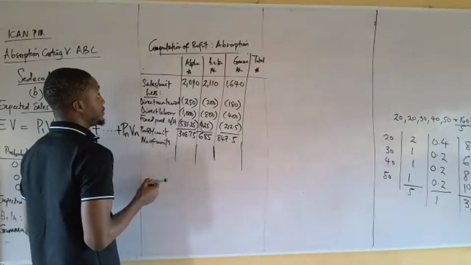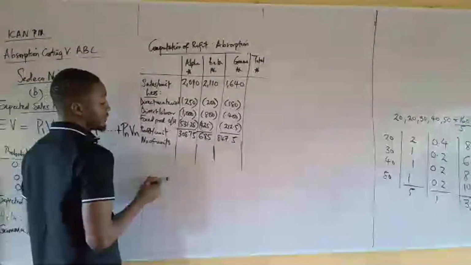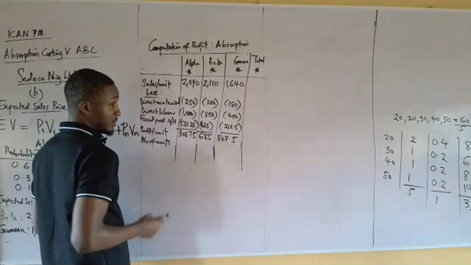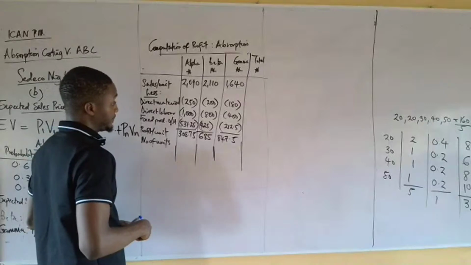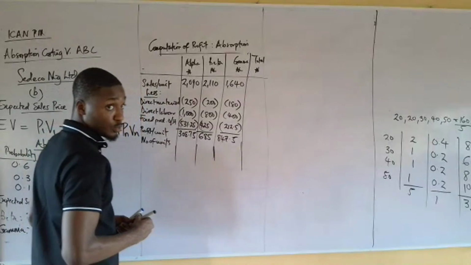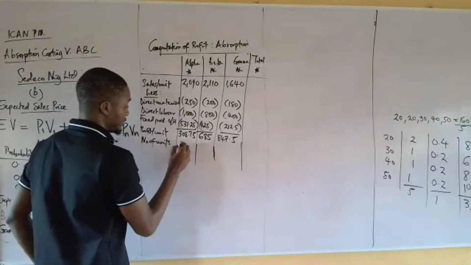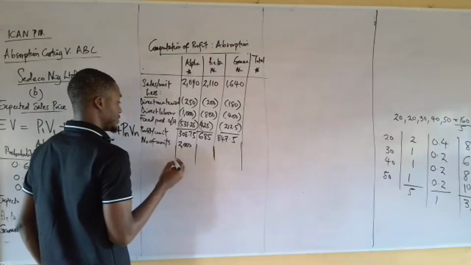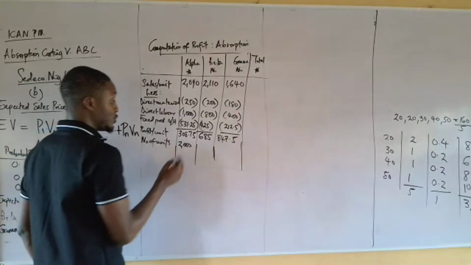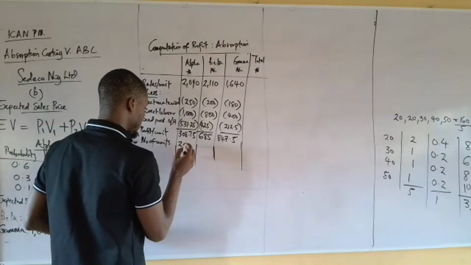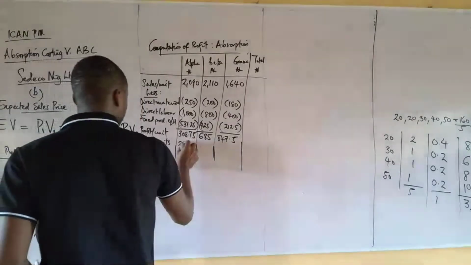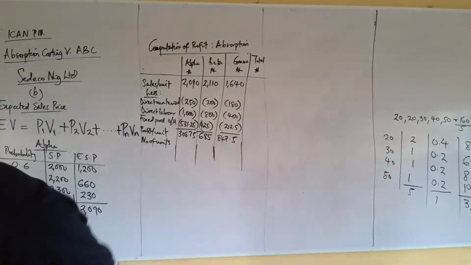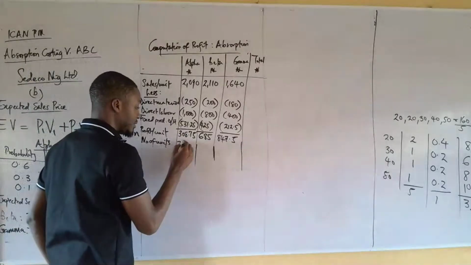How many units did we produce and sell for alpha? 20,000? Yes, 20,000 units.